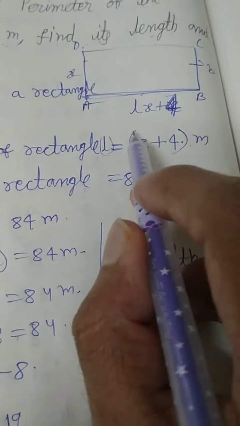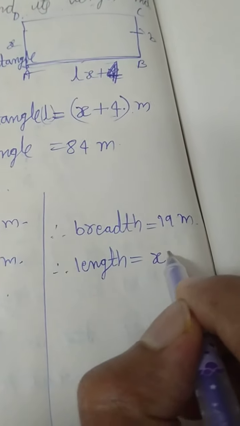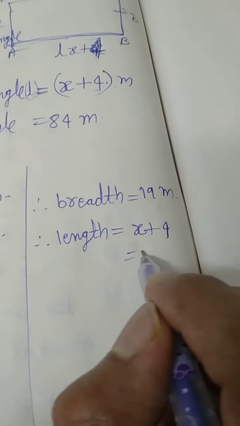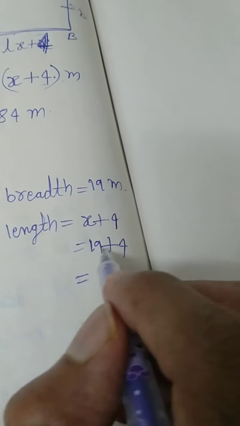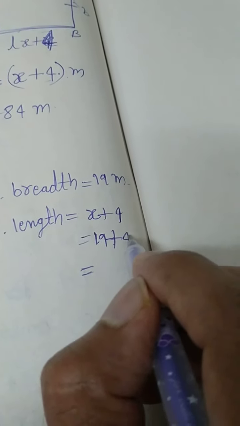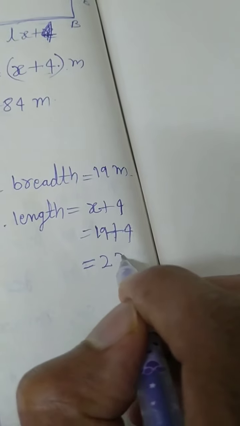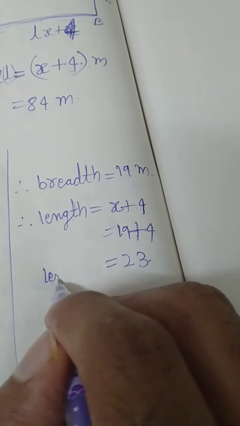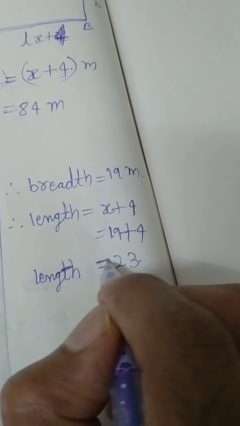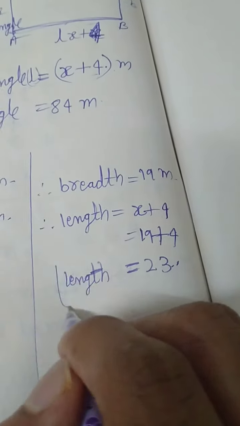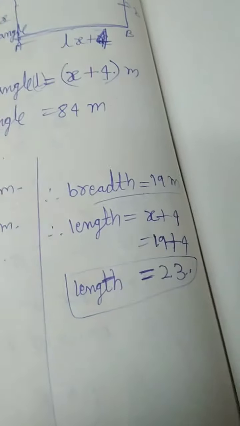We have written the length as x plus 4. Is it right? What is x here? x is 19, so 19 plus 4: 19, 20, 21, 22, 23. So 23 is the length. We got the length and we got the breadth also.